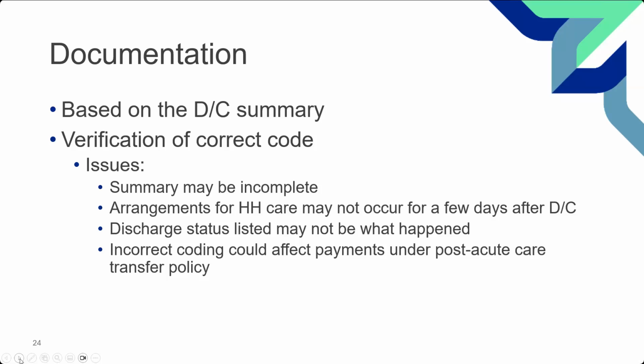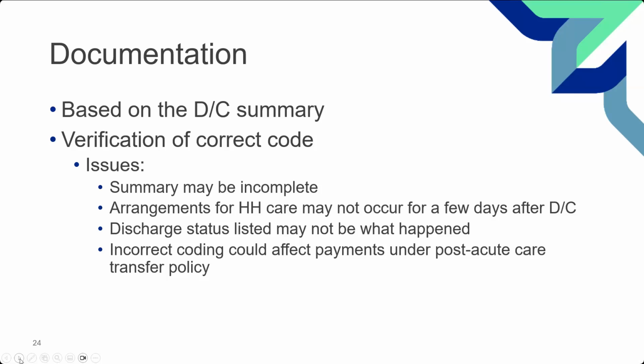So maybe arrangements were made for the patient to go to home health care after discharge. However, that care may not have started until day 4, which means that's outside that window. And Aline talked about home health being captured within those 3 days. And if it is, then you have to report the correct discharge status code for home health.